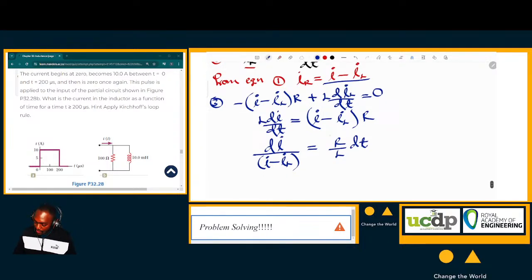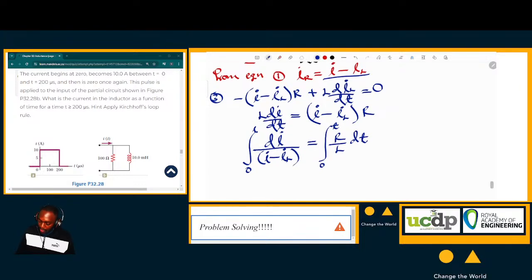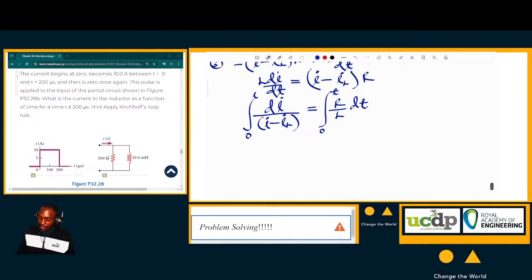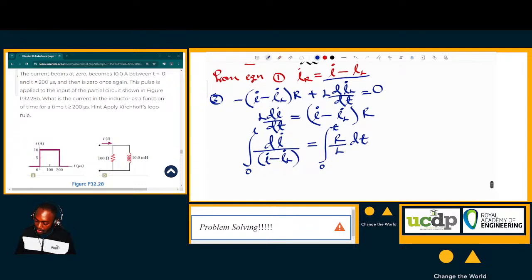Then you can integrate both sides, okay? And for time, it's varying from 0 to a time t. And for your current, it's varying from 0 to a current I, okay? Now, if you integrate, so this question is quite long. Feel free to stop me at any step that we're working and ask me to repeat. So I'll just label this as equation 4.